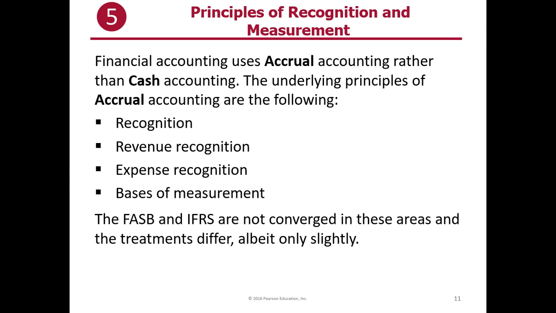The cash accounting is an old form of accounting where the accounting was done only on the cash basis. But in the accrual accounting, there are 4 principles. The first is the recognition of income and expense.